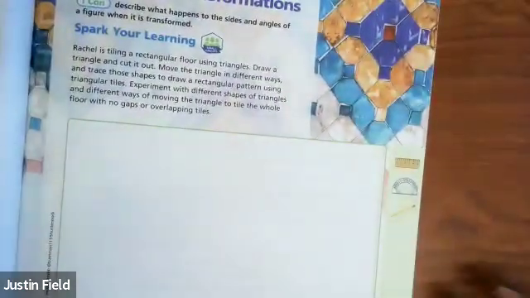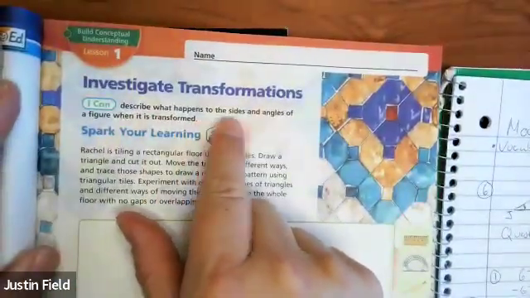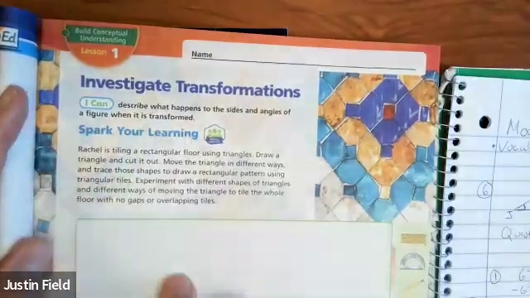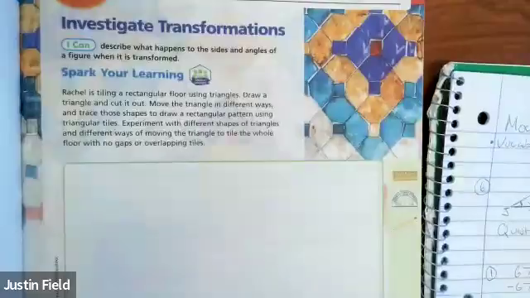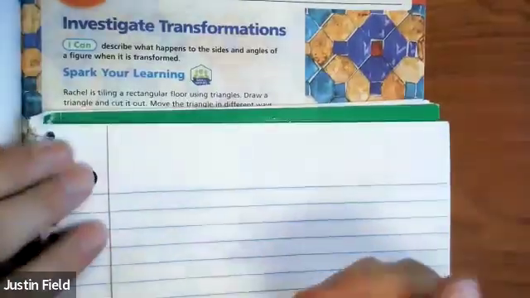Okay, so let's talk about spark your learning. So we're going to look at, I can describe what happens to the sides and angles of a figure when it is transformed. Okay, so we're going to talk about that. Sides and angles of a figure when it's transformed.